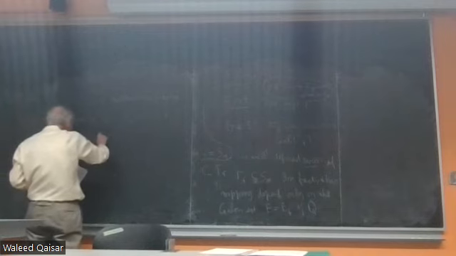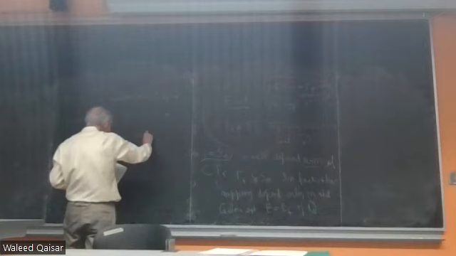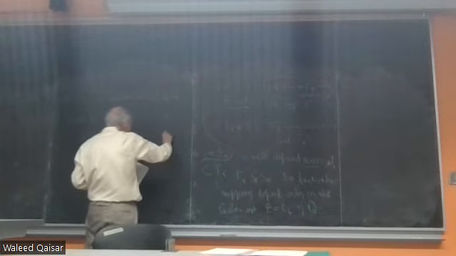That is, X is congruent to X minus A1 through X minus AR mod P.